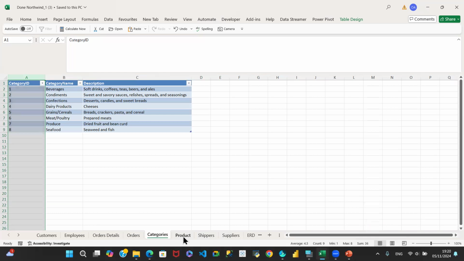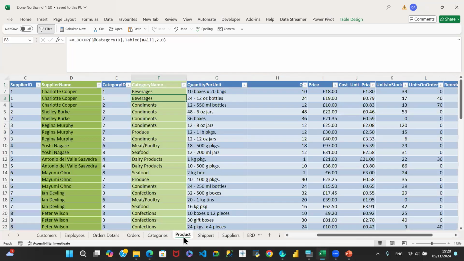Then I'll move us to the products table. Now, within this products table, we have the different products that are sold. It's not that simple anymore, unfortunately, because like I said, a lot of work has been done with this particular Northwind data set.